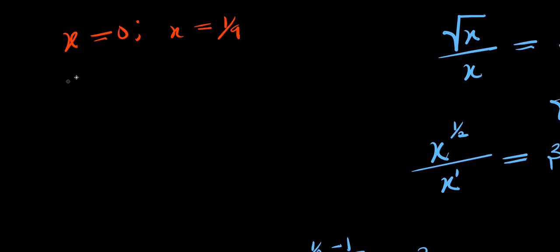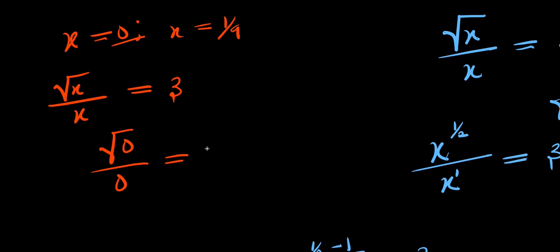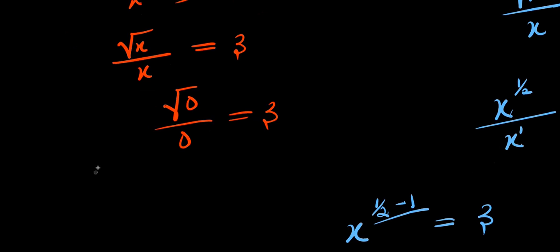Now, if you have square root of x divided by x equals 3. If x is 0, you have square root of 0 divided by 0. And square root of 0 is 0 divided by 0. This equals 0 divided by 0, which is undefined, so this is not 3.